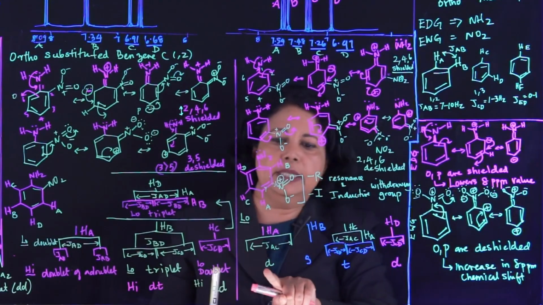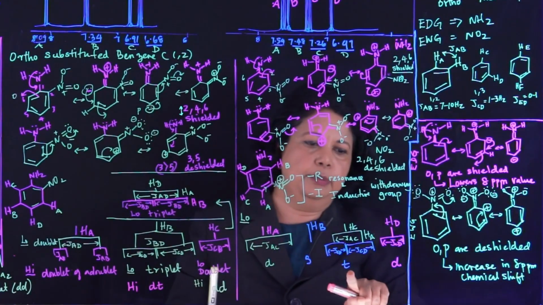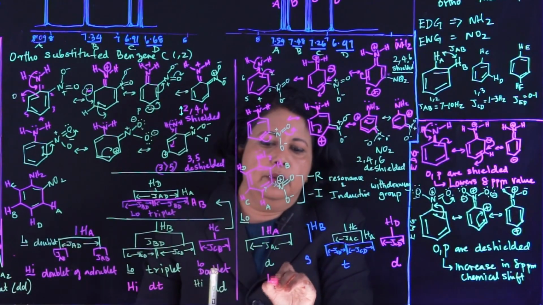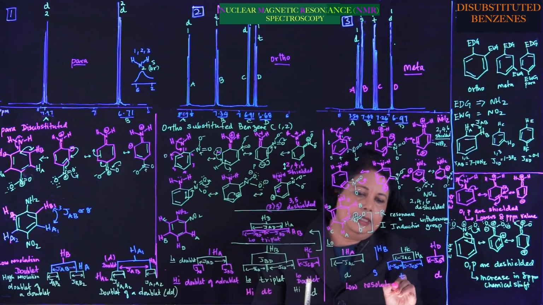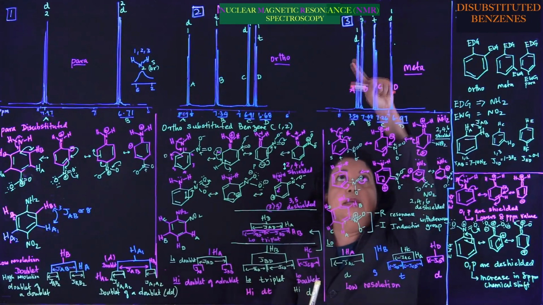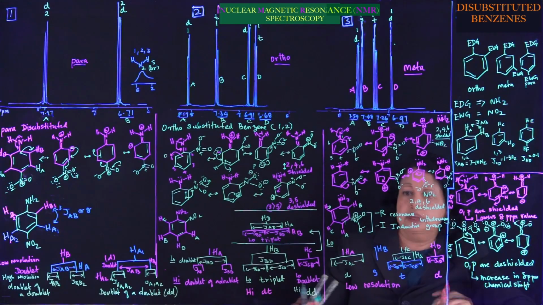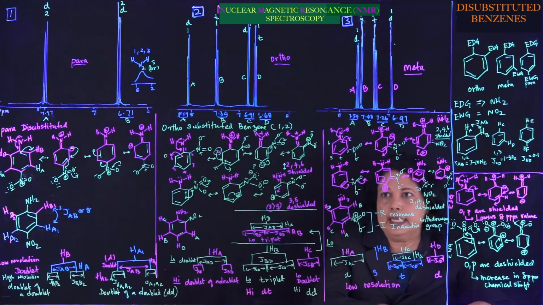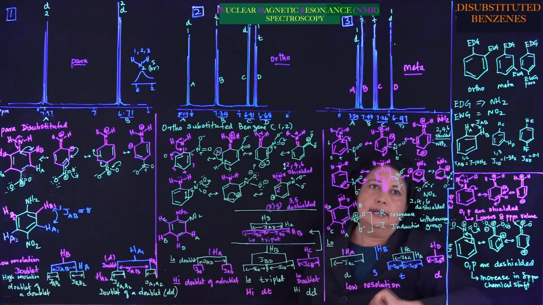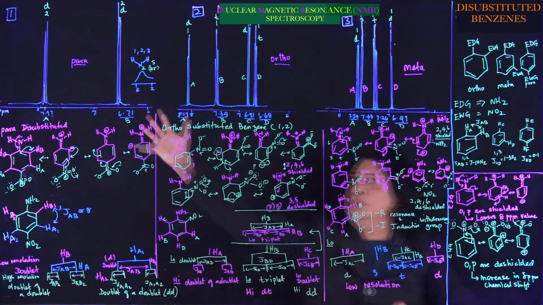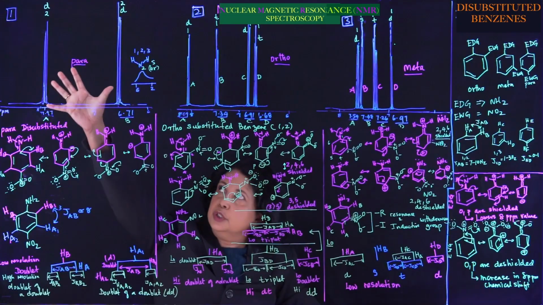So you would expect to see a doublet, singlet, triplet, doublet on a low resolution NMR. And this is exactly what you see over here, doublet, singlet, triplet, doublet. So we can conclude very safely that this spectra corresponds to the meta substitution pattern. This one, without a doubt, corresponds to para.